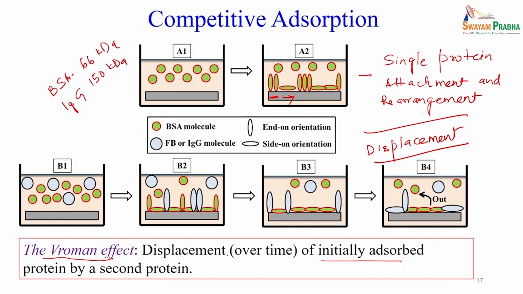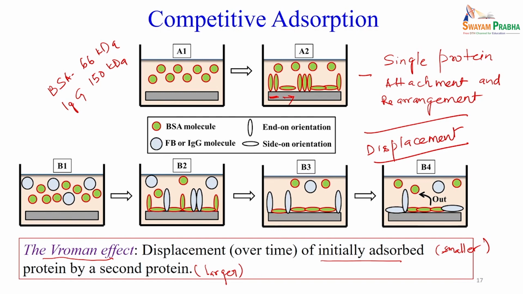So, it says displacement of the initially adsorbed, meaning smaller, protein by a second protein, or the larger protein. So, again you just see although the adsorption process remains the same, one extra step of protein interactions, the displacement of protein molecules, is coming into the picture.